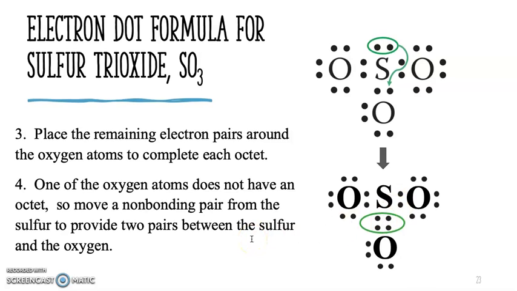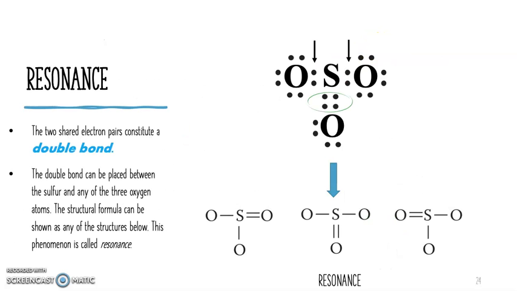Therefore, the octet is complete. So I moved this lone pair here, but there are many ways to move the lone pair electrons to make the octet complete for the other atoms. I can move the electron pair here to share, and that will make 2 shared electron pairs.